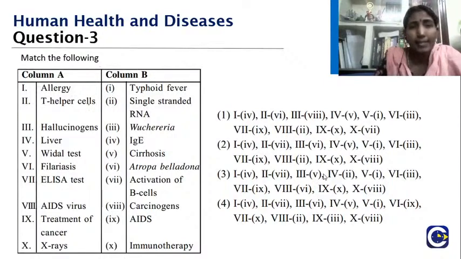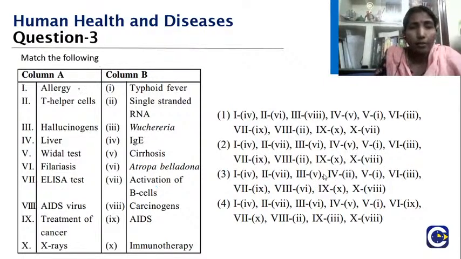Column A: allergy, T helper cells, hallucinogens, liver, Vidal test, filariasis, ELISA test, AIDS virus, treatment of cancer, X-rays. Column B: typhoid fever, single-stranded RNA, Wuchereria, IgE, cirrhosis, Atropa belladonna, activation of B cells, carcinogens, AIDS, immunotherapy. So what should be your answer? Let us start deriving it.